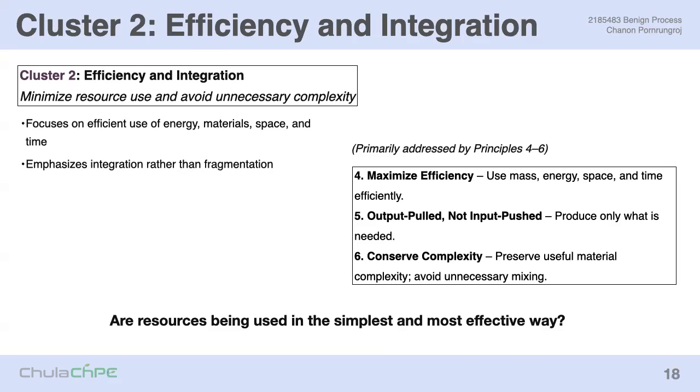So that's the first cluster, the three principles. The second cluster discusses efficiency and integration, right? We want to minimize resource use and avoid unnecessary complexity. So this includes principle number 4, maximize efficiencies.